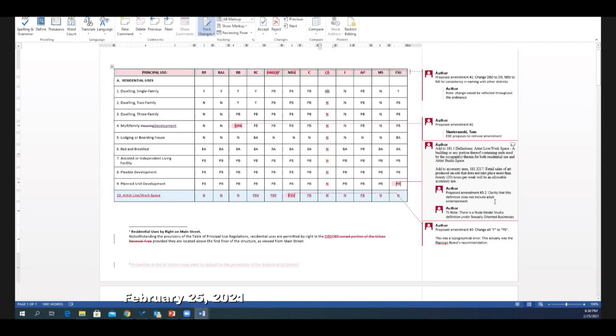One suggestion I received from BSC, our zoning consultant, is that there is a definition for a nude model studio and a series of adult entertainment definitions within our current zoning ordinance. Between the two of them, when the building commissioner makes a zoning determination, the more restrictive of the two definitions applies.